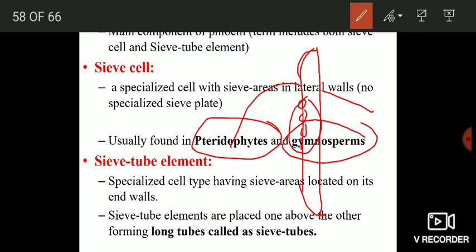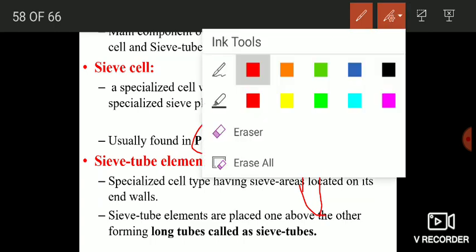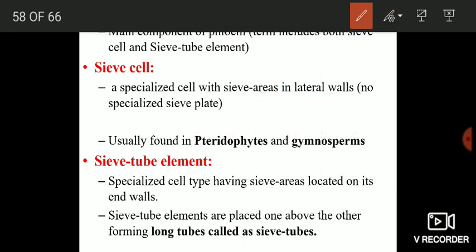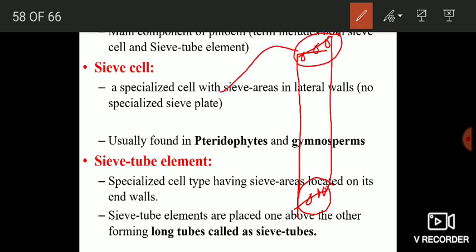Another type of sieve element is known as sieve tube element. These are specialized cell types having sieve areas located on their end walls. Here you can see, this is an individual sieve tube element. They possess the sieve areas, I mean locations where pores are present, on their end walls, and these locations are known as sieve plates.